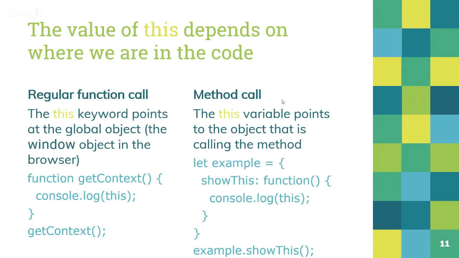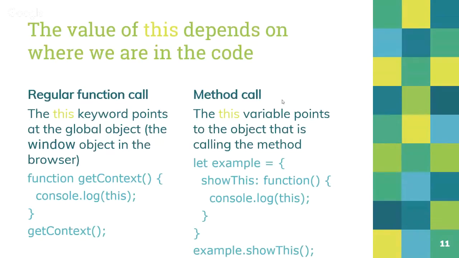So the window object, we have seen it in action. We have used it a lot of times, and we have a notion of what it is and what it represents. So that's what happens when you call a regular function. Those two values are going to get returned to you depending on where you're running your JavaScript. If you run it in a method, you will get the object that the method belongs to.